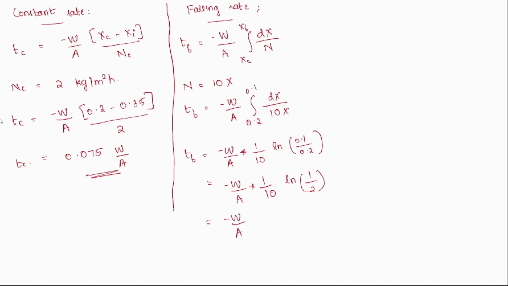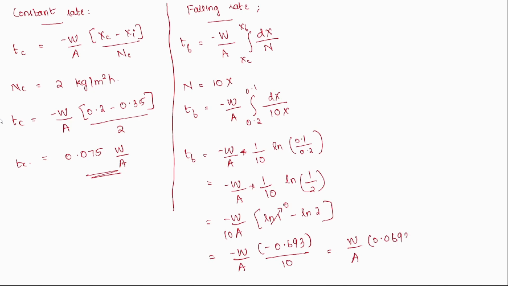We can rewrite this ln 1 by 2 as ln 1 minus ln 2. ln 1 is 0 and ln 2 is 0.693. So we'll get the final answer for Tf in terms of W by A as Tf is equal to W by A into 0.0693.